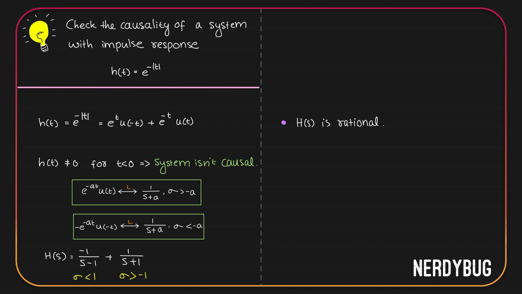So for the transfer function H of s, sigma should be greater than minus 1 and less than 1. So it is between two poles 1 and minus 1, not towards the right of the rightmost pole. So it does not satisfy the second condition that ROC should be to the right of the rightmost pole. So it should not be causal, which is exactly what we have found here. The system is not causal.